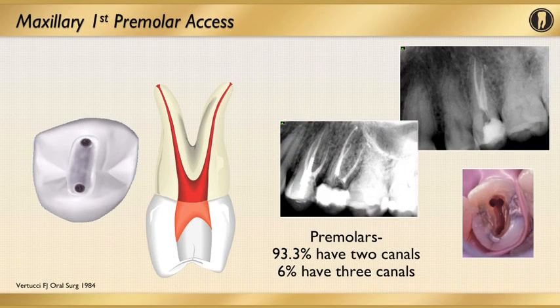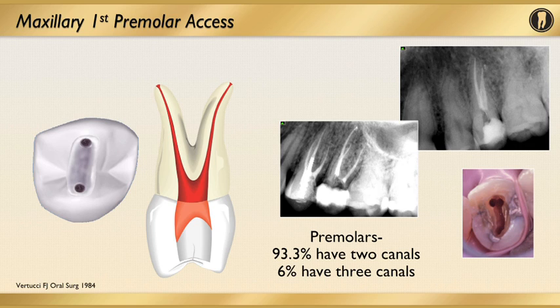If our access is inadequate or underdone, we run the risk of leaving canals untreated, leaving behind not only organic but inorganic tissue as well that could compromise the endodontic result long term. In premolars, 93.3% have 2 canals. This is the most common case that we see in the premolars, but notice too that 6% can have 3 canals.